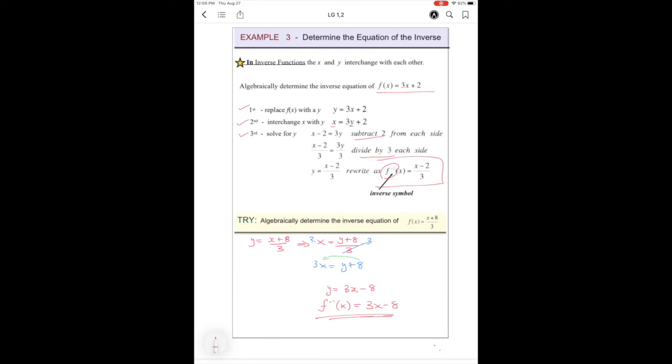And there is the answer. Okay, remember to put that notation. This is your inverse notation. All right, okay, let's look at another example. Getting a little harder. This one here, I'll go through step by step.